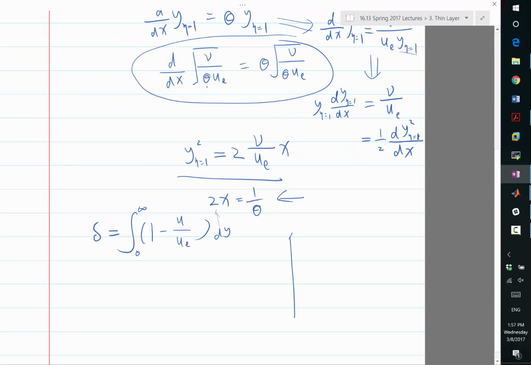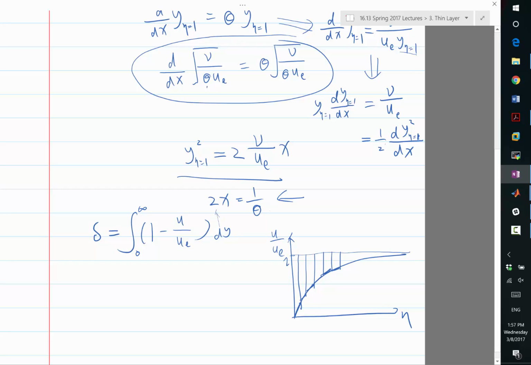So if I write it down in the space, what I'm doing is 1 minus u over ue. I'm computing the d, and I'm using small trapezoids to approximate the area above this curve.